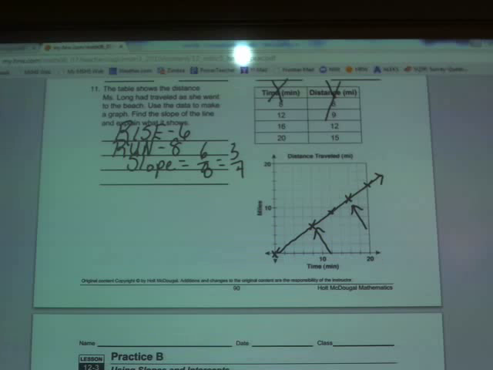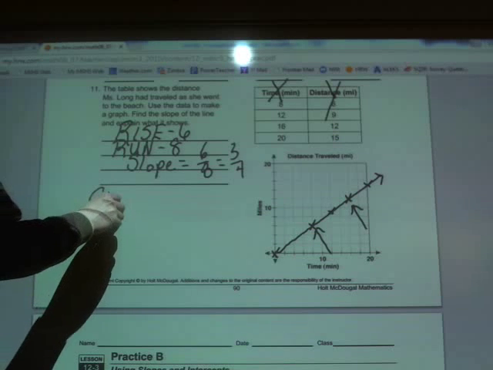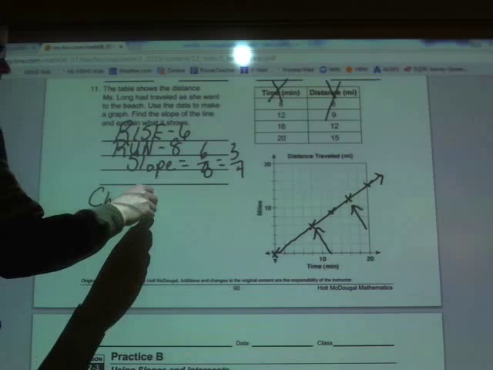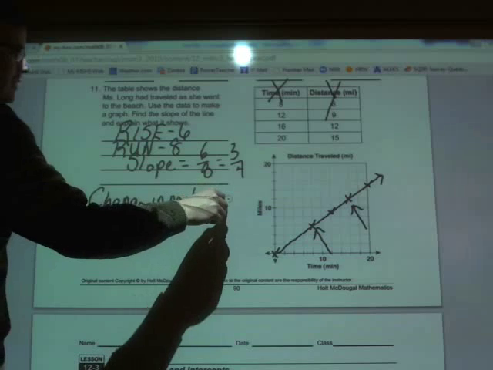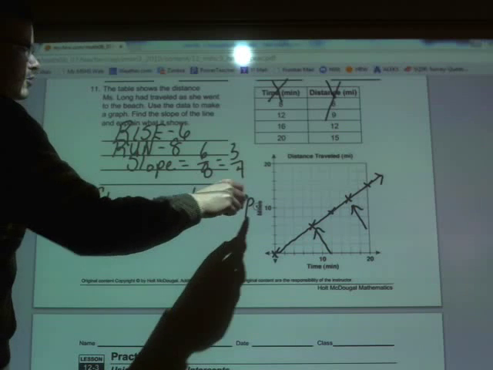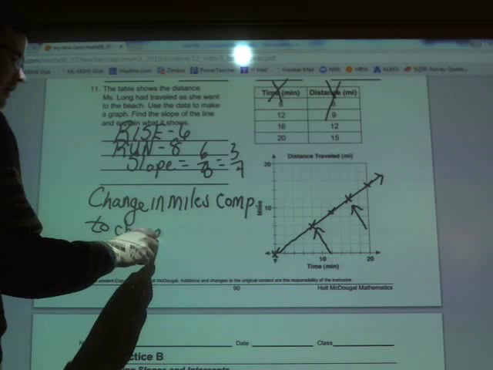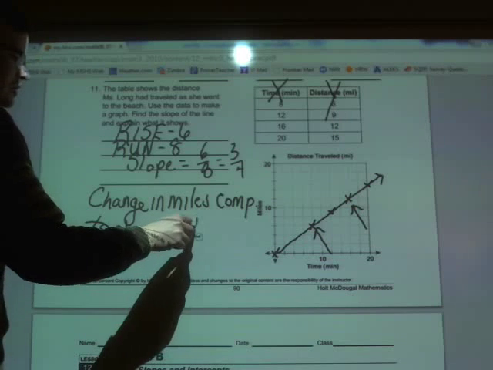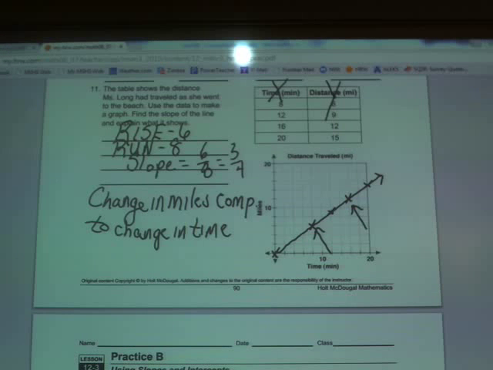So we're going to start off here and we're going to say that it represents the change in miles compared to the change in time.